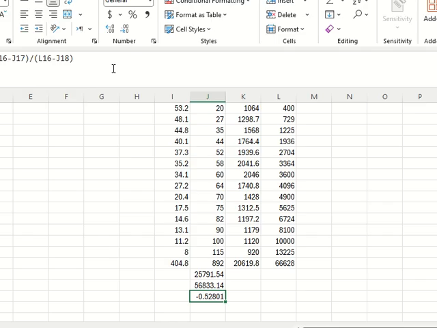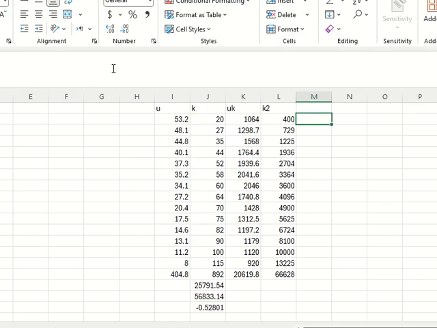So I go there. I will call it capital U instead of capital Y. So this is equal to 62.02 minus, because it's plus and minus, so minus 0.52 multiplied by the density. Yes.